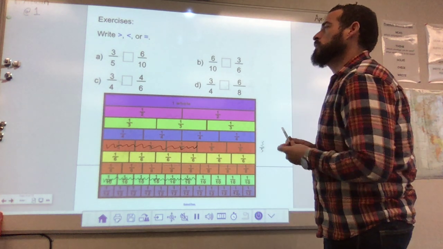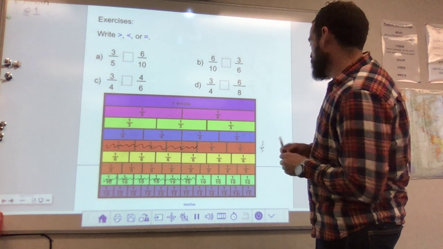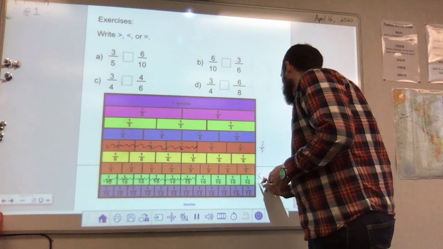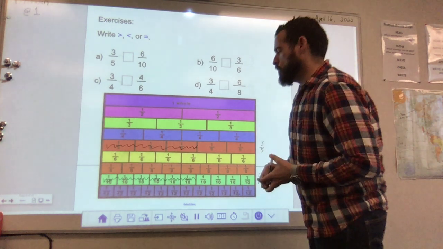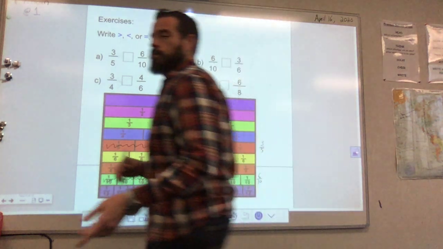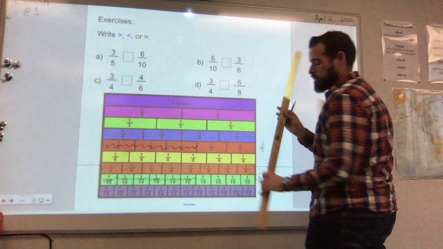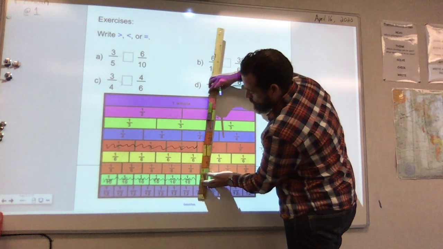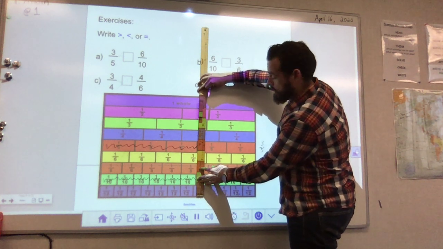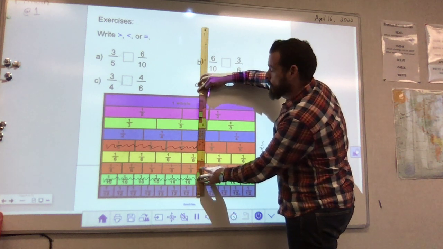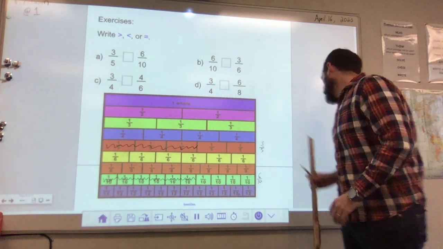Okay. So I look at my 3/5. I look at my 6/10. And if you look, what do you notice here? It might be a little bit hard to see, but I've got a meter stick so I can show you. But if we take that and line up what we've shaded here, it's the same. So what would we use here? We'd use an equal sign.